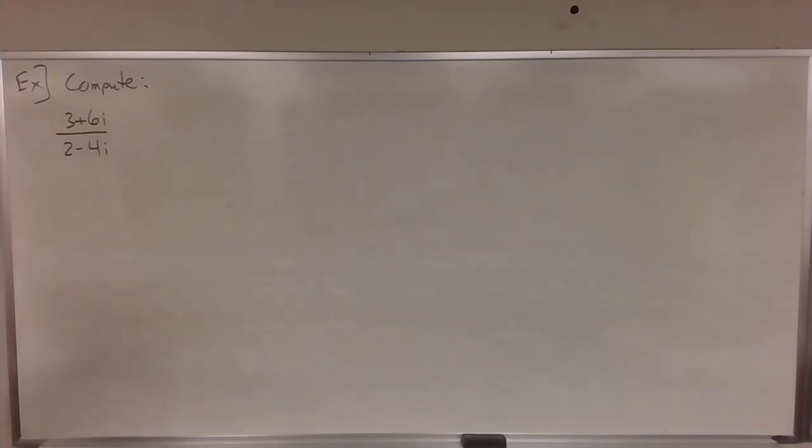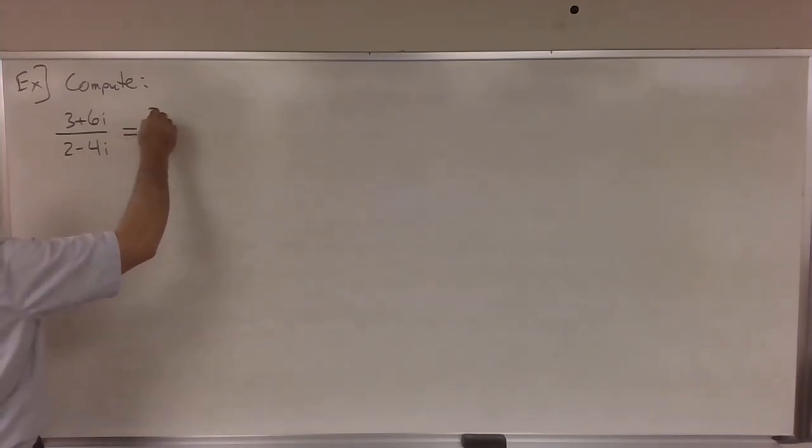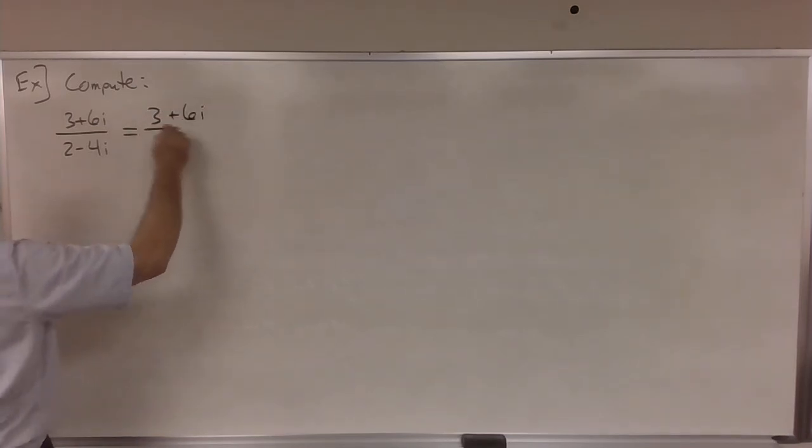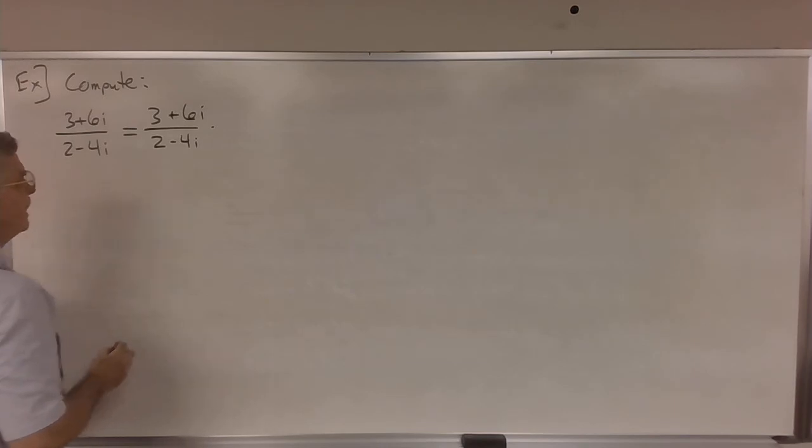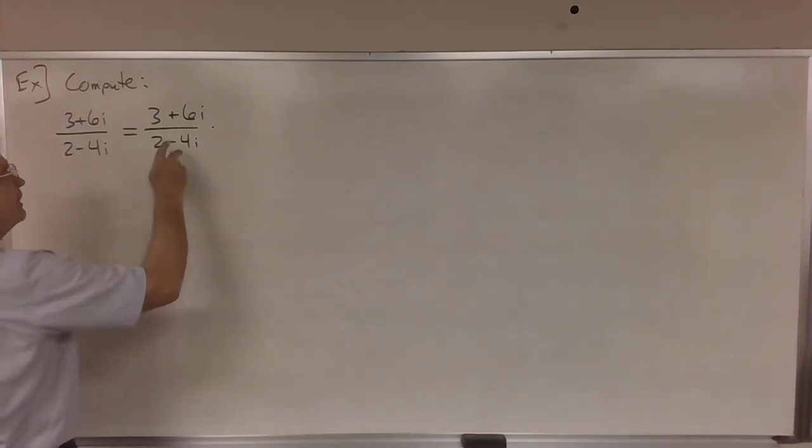Okay, first example. Our procedure is to convert this into an expression where the denominator is a real number. And we do that by taking the original expression and multiplying top and bottom by the conjugate of the bottom.